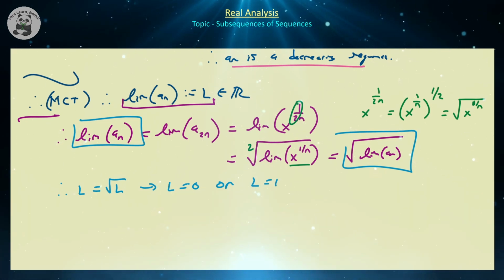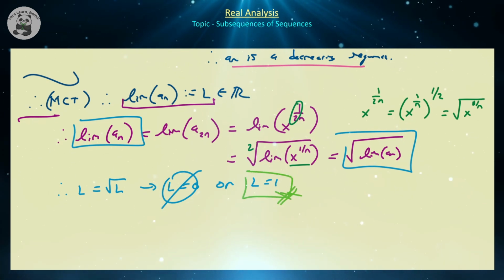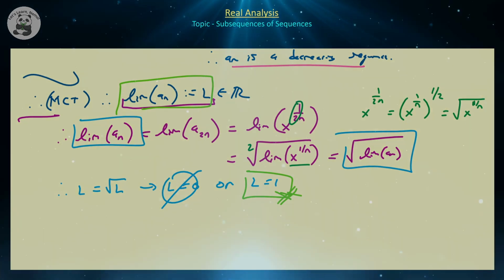But we already know that the sequence is bounded below by 1, which means the limit is greater than or equal to 1. That means 0 is not possible here. So the limit, in this case, is equal to 1, which completes the proof. And we proved that just by choosing a subsequence, premised on the fact that we already knew the sequence converged by the monotone convergence theorem.